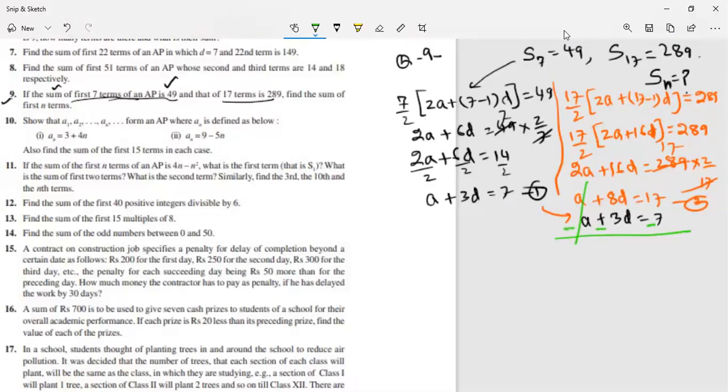This will cancel. 8d minus 3d, 5d is equal to 17 minus 7, 10. So d is equal to 10 by 5. d is equal to 2.